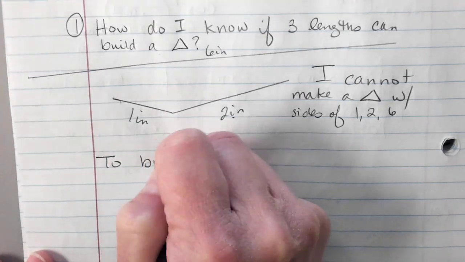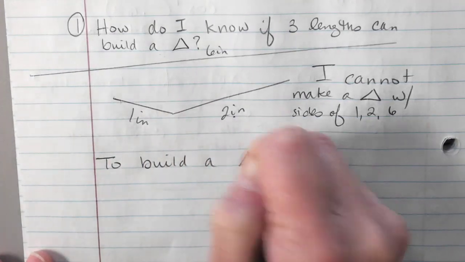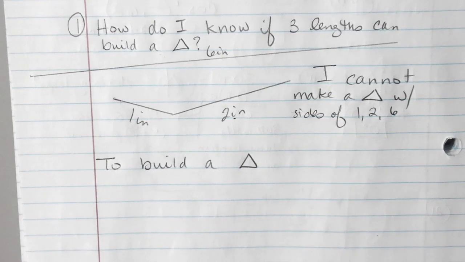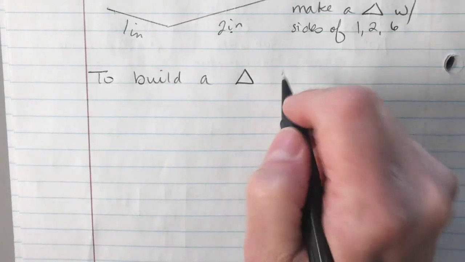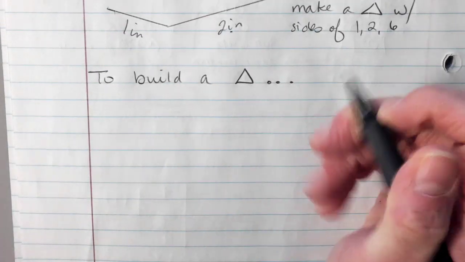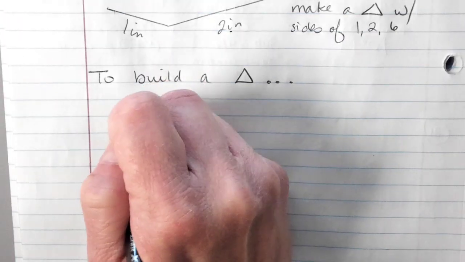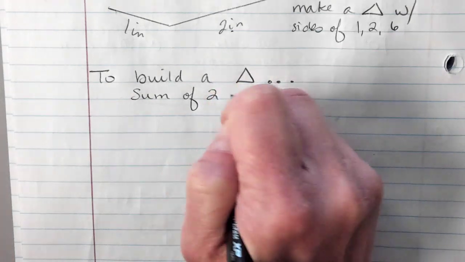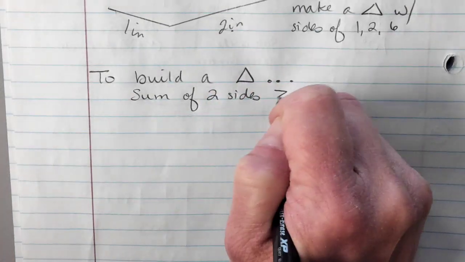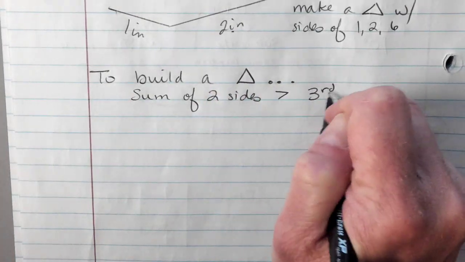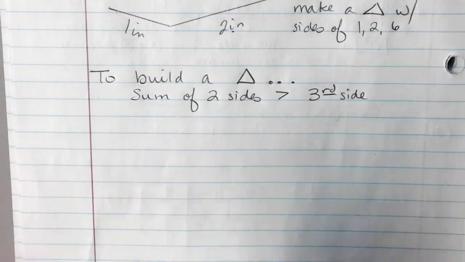To build a triangle, it doesn't have to be a right triangle, it's any triangle. The sum of two sides has to be greater than the third side.